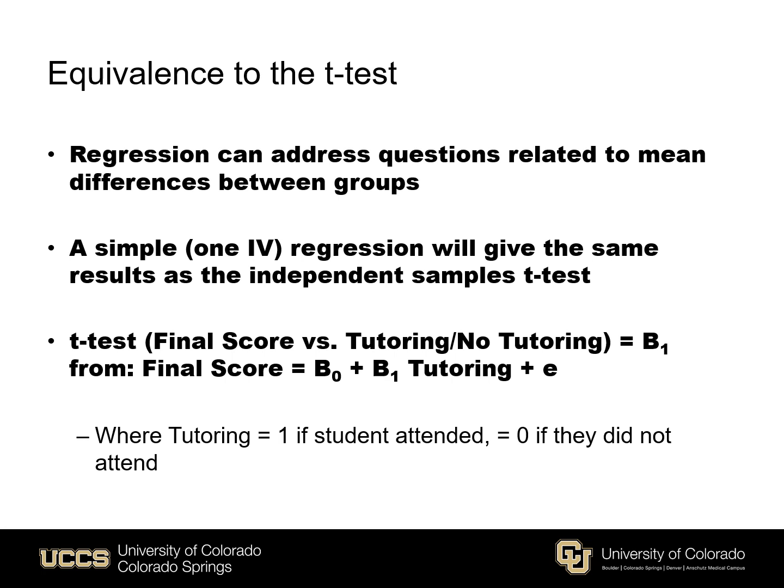Said more specifically, a t-test between final score and tutoring versus no tutoring will have the same statistical conclusion as testing the slope of a regression where we regress final score on tutoring, where tutoring is a binary categorical variable coded 1 if the student attended and 0 if they did not attend.